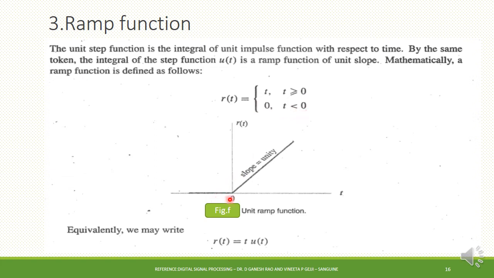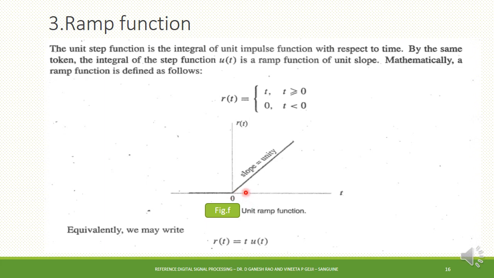Here you see this is your r of t, and this is your t. Your r of t value is equal to t when t is greater than 0, which is this quadrant. That means if t is equal to 0, r of t is also 0.